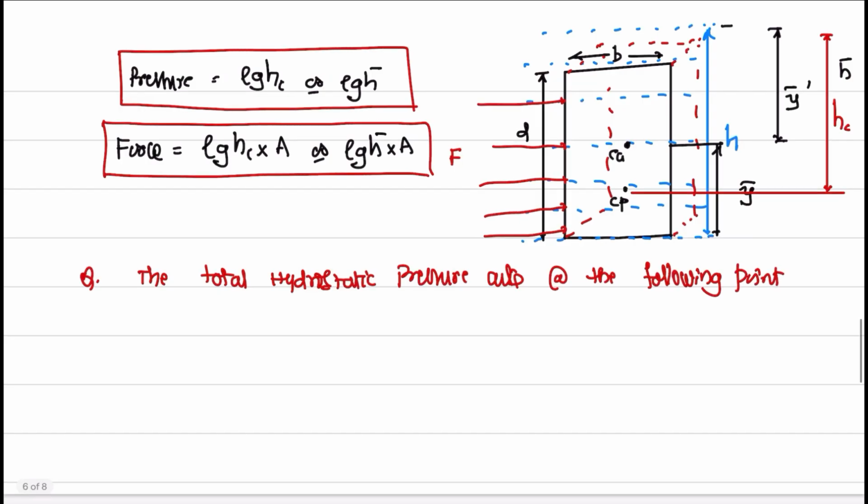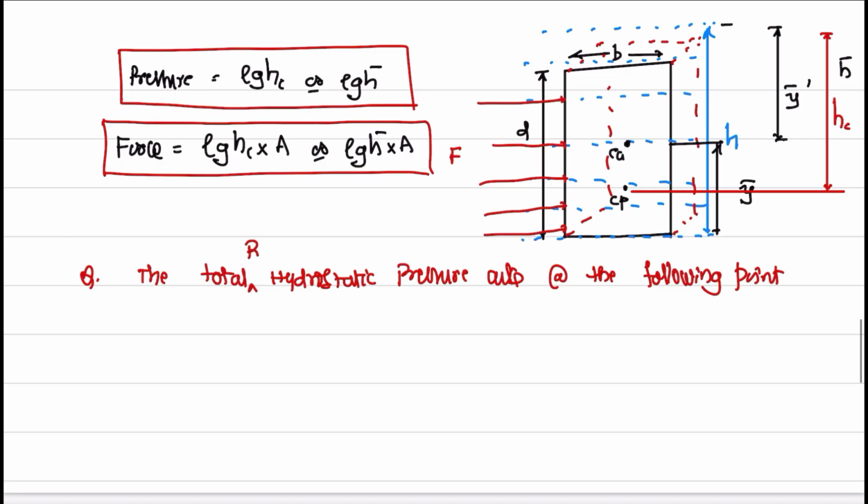We can say the total resultant, or net pressure, acting on this point due to the force.